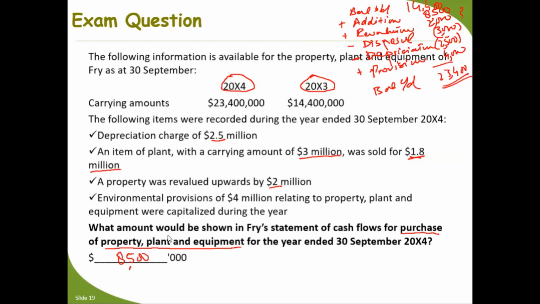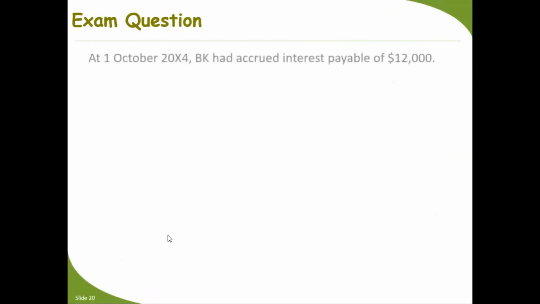8,500,000. Now the next question: at 1st October 2004, BK had accrued interest payable of 12,000.